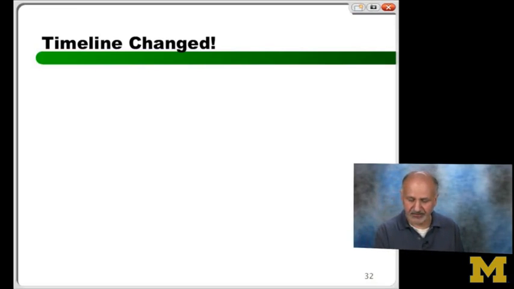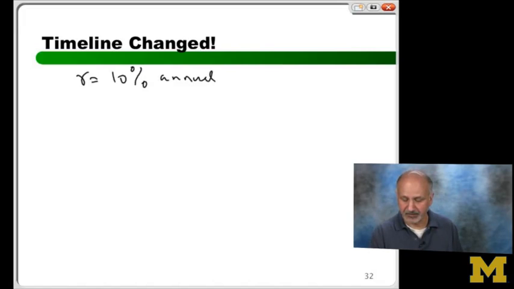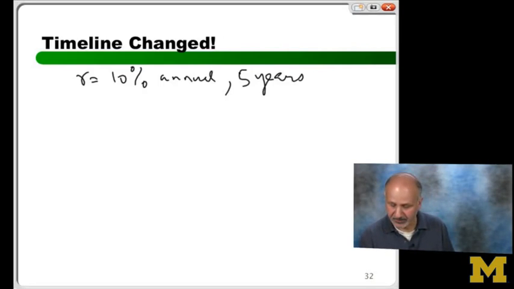So what has changed? R is 10% annual. But my payment is monthly. So 5 years implies how many months? 60 months.